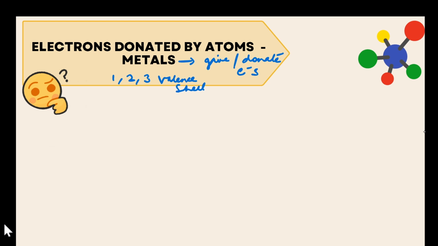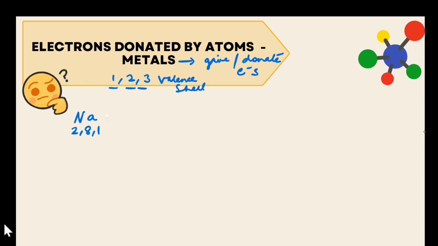Okay, and whatever the number of electrons the metals will lose, whether it is 1, 2 or 3, that will correspond to its valency also. So let's first take the example of sodium. Sodium's electronic configuration is 2,8,1.